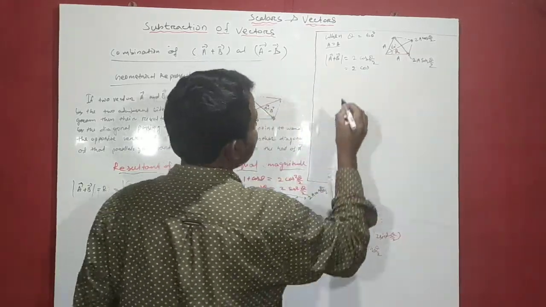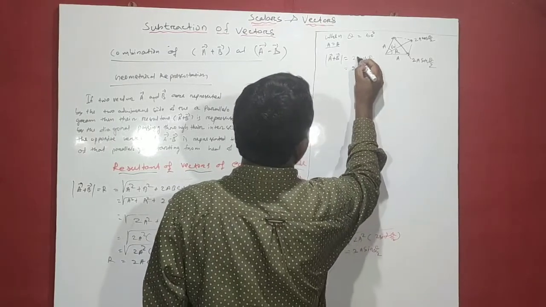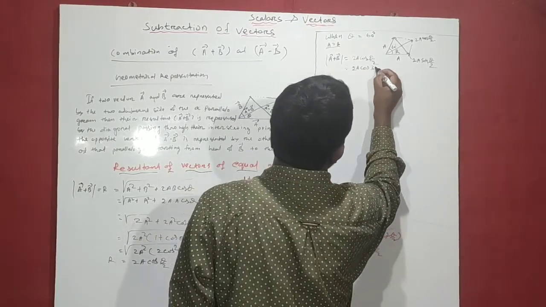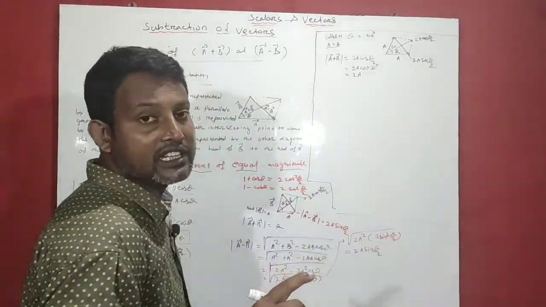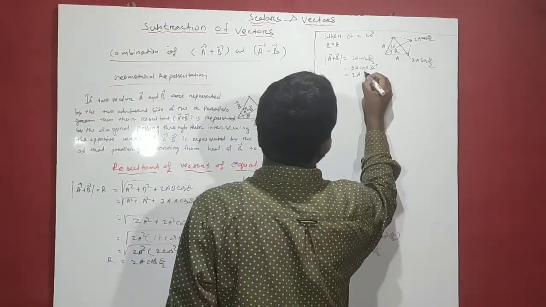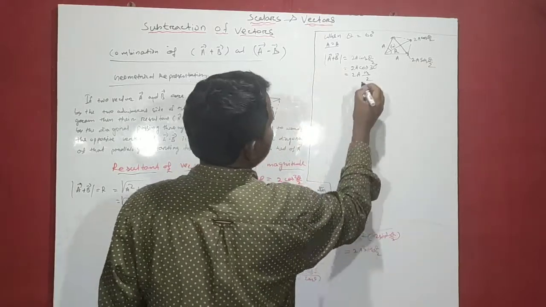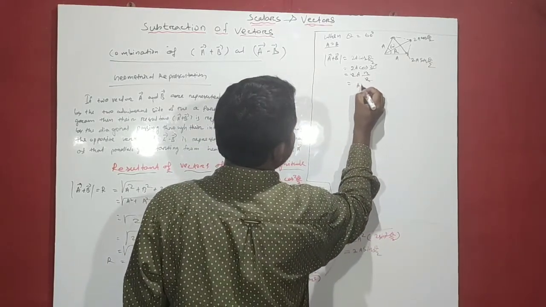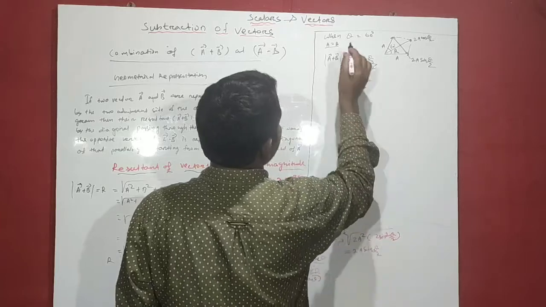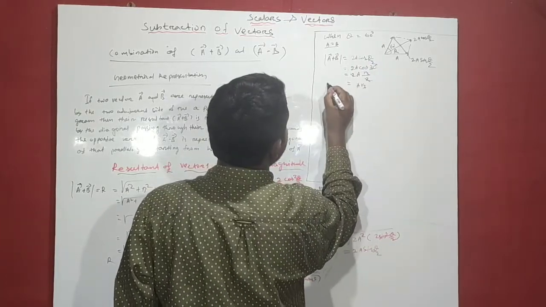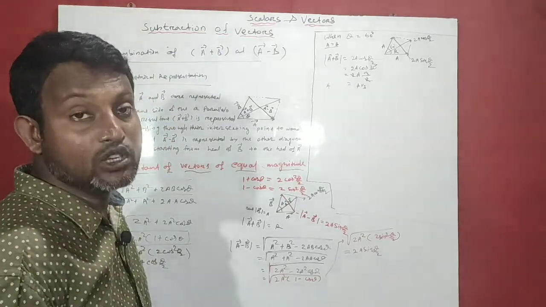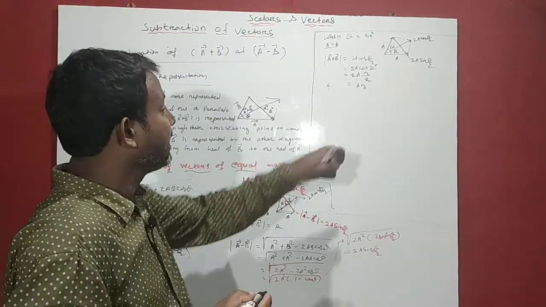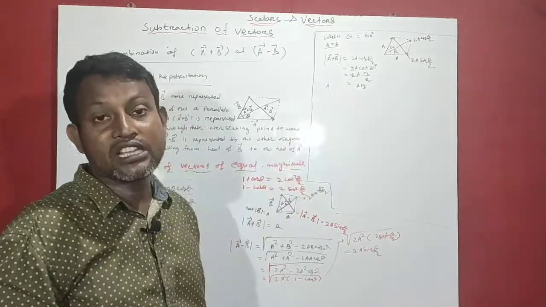So theta by 2 is equal to 30 degree. 2A cos 30 degree, and cos 30 is root 3 by 2. 2 cancels, so we get A root 3. That means when theta is equal to 60 degree, the magnitude of the resultant of two equal vectors is root 3 times the vector.